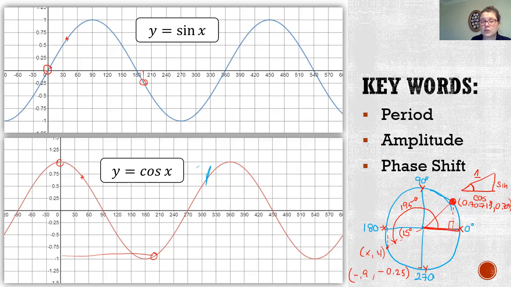So you'll notice we go 0 to 180. We're back at a 0 again. We hit the next 0 point and then the pattern continues. So the period for this particular function, for the sine curve, is 360 degrees.